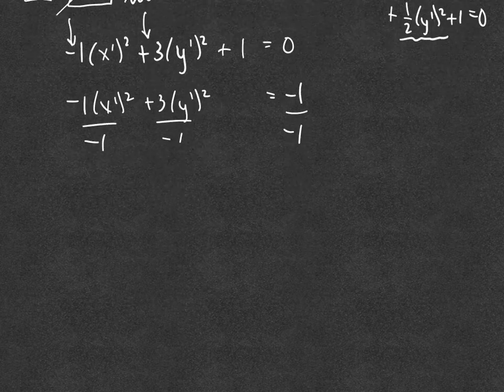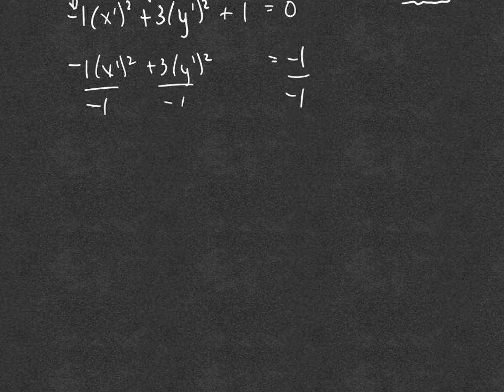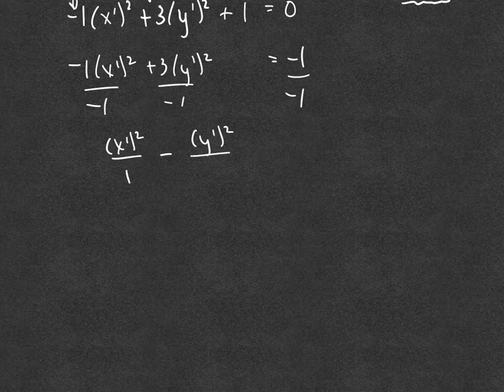And I'll just be able to move this up and show you my last simplifying step. On the first term, the negative 1 divided by negative 1 would cancel. But I'm going to leave the 1 underneath just to remind you. And then really there's no canceling on the next one. But I can't leave the 3 in the numerator. I have to take the reciprocal, so it's going to become a 1/3.